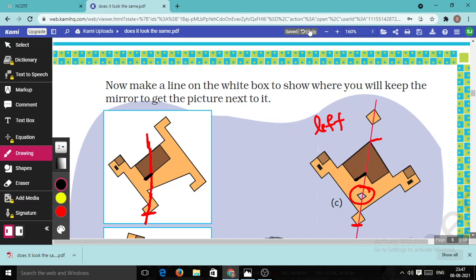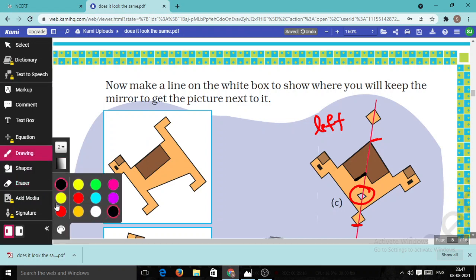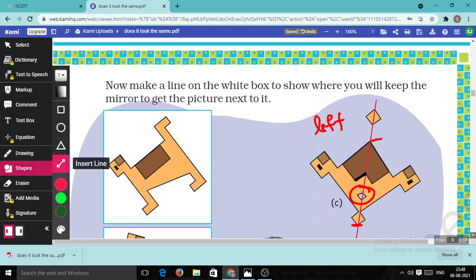Also you choose, look here, we'll draw it again. If you have any difficulty, then we take the shape. First we observe the shape carefully. Take red color, then shape from here. Look here.